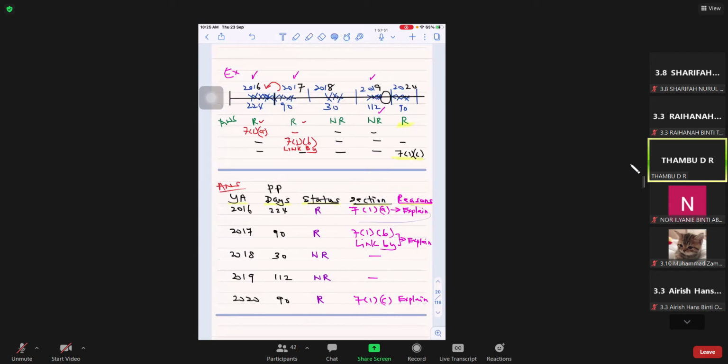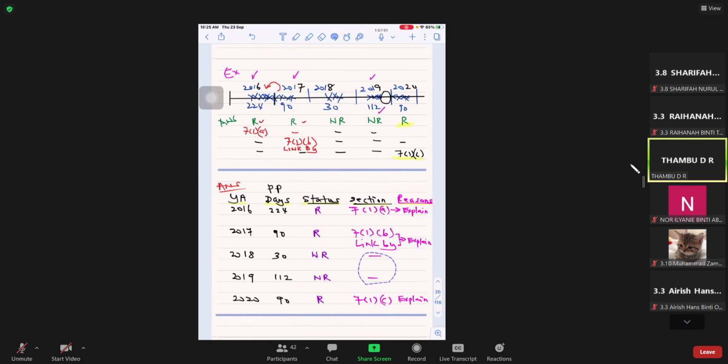Resident, explain. More than 182 physically present. Explain. Short period linked to the previous period, which is more than 182, including temporary absence. But here, no temporary absence, no need to say that.